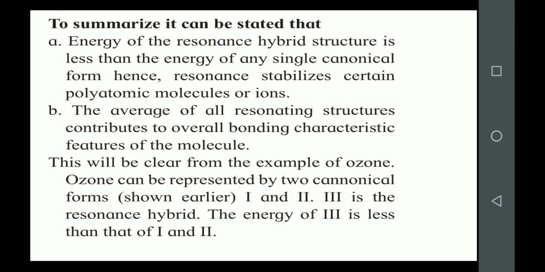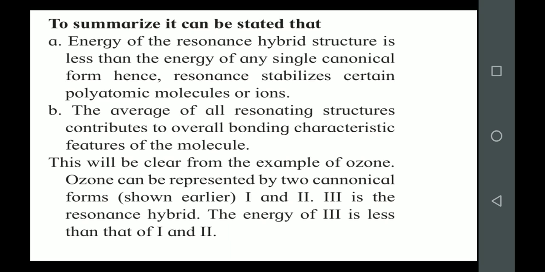To summarize, the energy of the resonance hybrid structure is less than the energy of any single canonical form. Hence, resonance stabilizes certain polyatomic molecules or ions. So, out of all those structures, one shows minimum energy, and we say that this is the resonance hybrid.